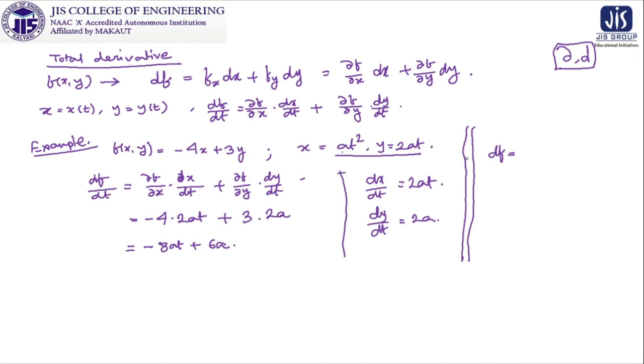Fx is minus 4, so it is minus 4 dx plus fy is 3, so 3 dy. So this also can be the expression of the total differential or total derivative of f with the help of the partial derivatives of f with respect to x and y.